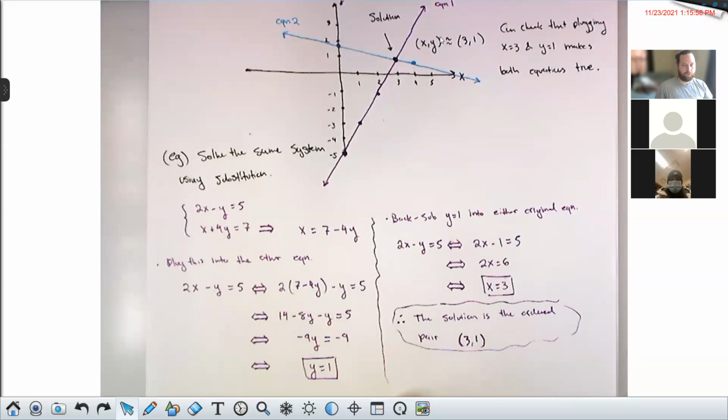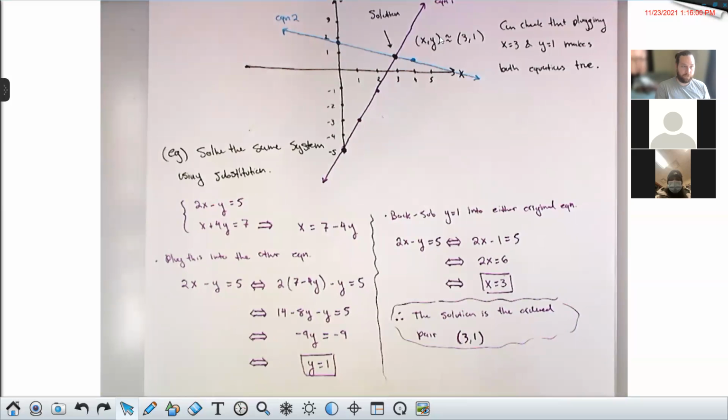So this is using substitution to solve a 2-by-2 system. It's not hard, and it makes a certain amount of intuitive sense. We want both of these equations to be true at once. So we solve one of the equations for one of the variables. That means if x comma y is an ordered pair that's satisfying this equation, x is automatically 7 minus 4y.